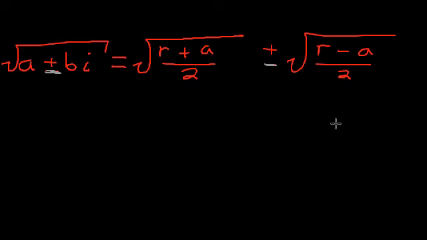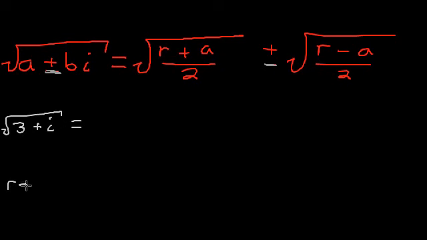Okay? So if we implement this into the question that we were talking about, 3 plus i square root equals, but before we step forward that way, we need to know what r is. So for our case, 3 plus i, what is our r?